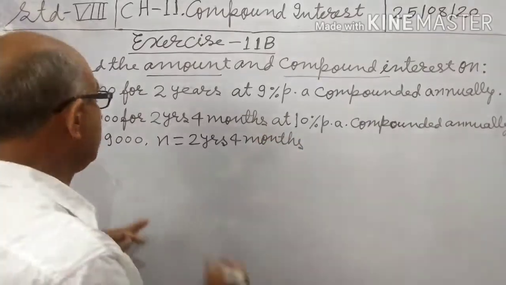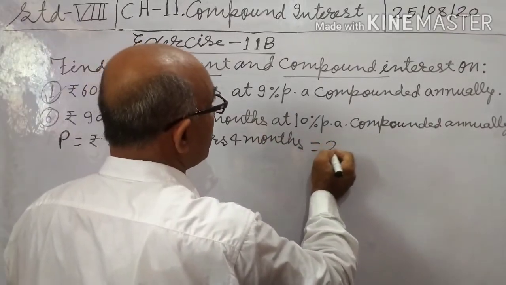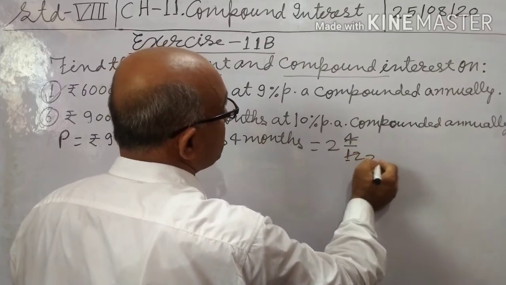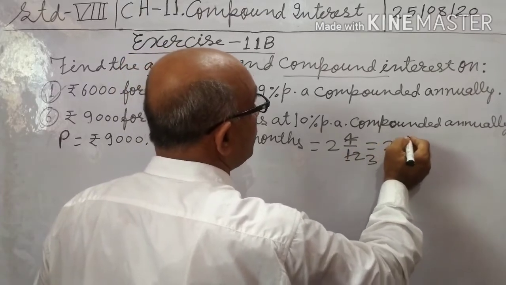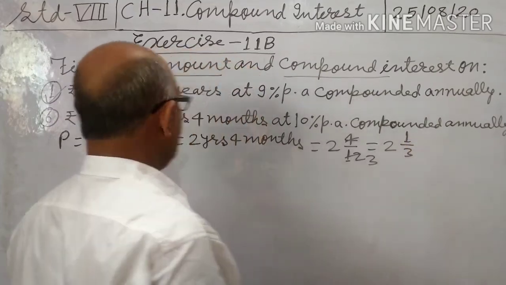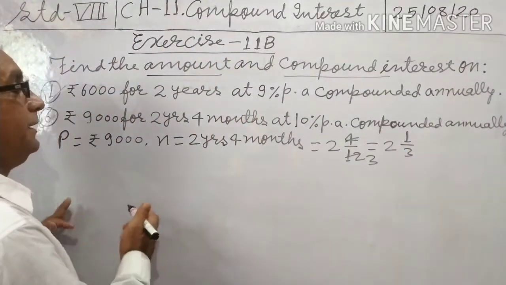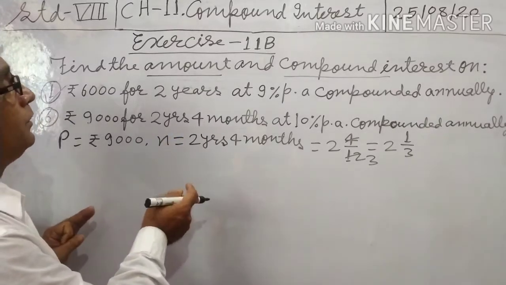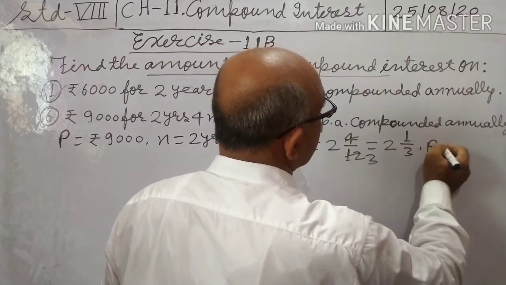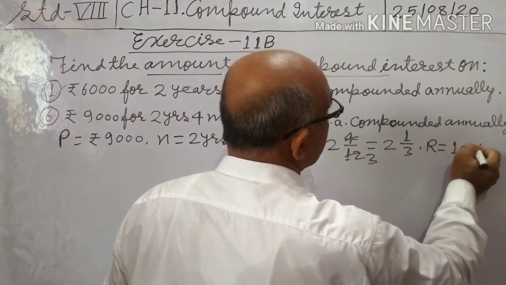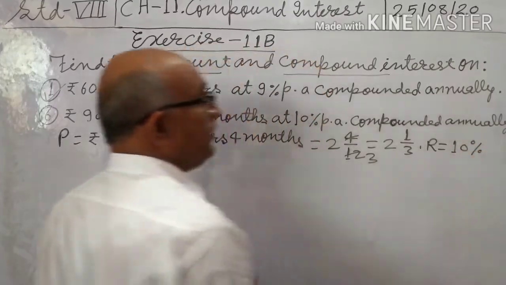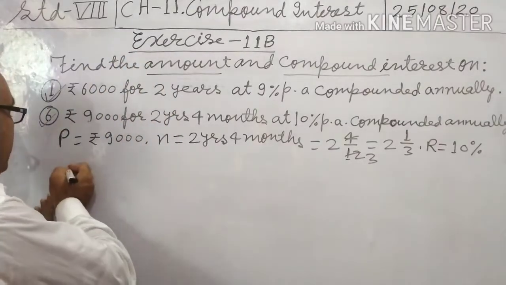It is changed into years: 2 whole 4 by 12, 4 3 are 12, equal to 2 whole 1 by 3. N equal to 2 whole 1 by 3, and R equal to 10%.